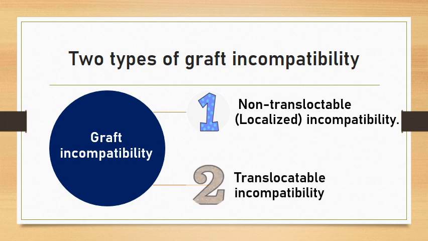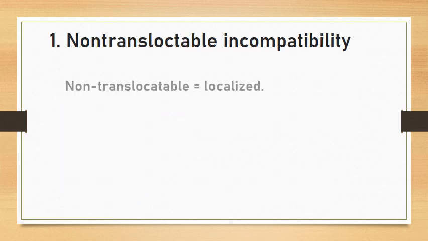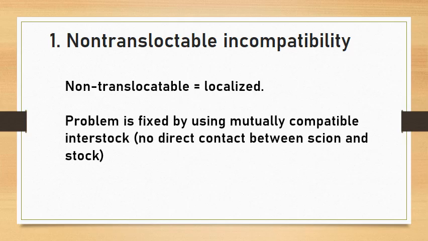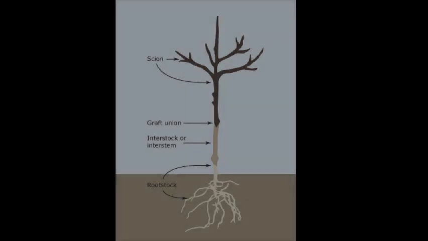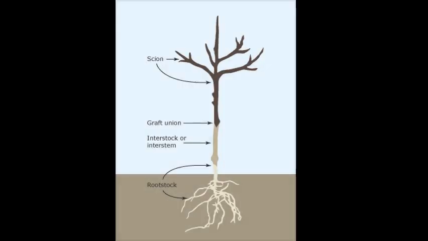There are two types of graft incompatibility. The first one is non-translocatable incompatibility, and the second one is translocatable incompatibility. A non-translocatable incompatibility reaction apparently depends upon the actual contact between the stock and scion, and is localized in nature. This type of incompatibility can be overcome by insertion of a mutually compatible interstock between stock and scion, which separates the incompatible components of the graft.